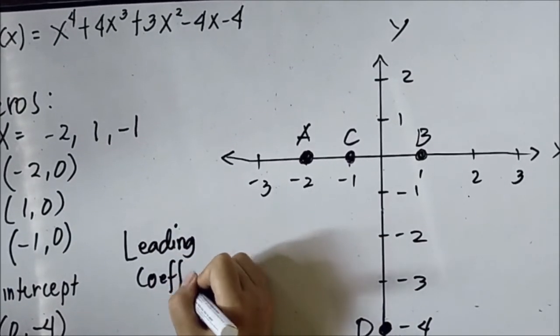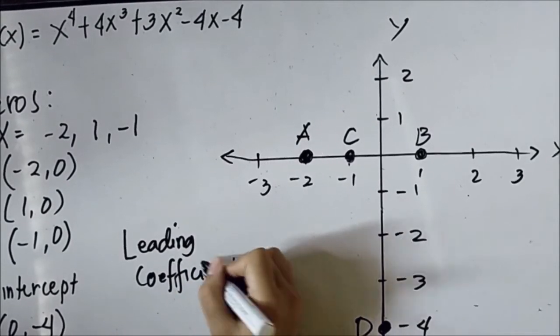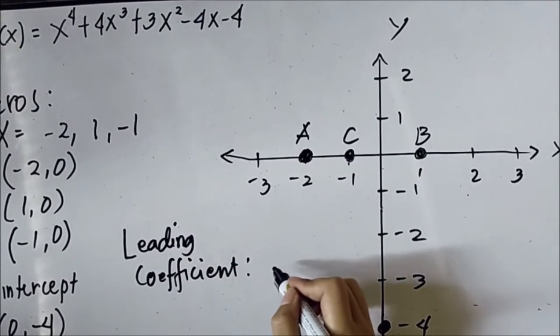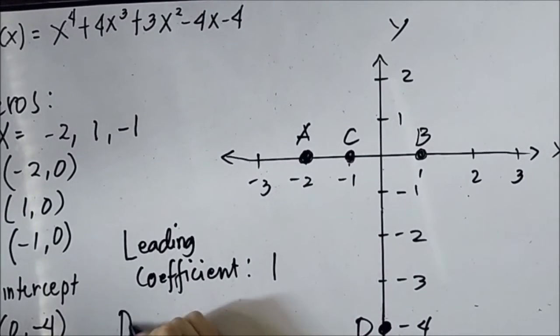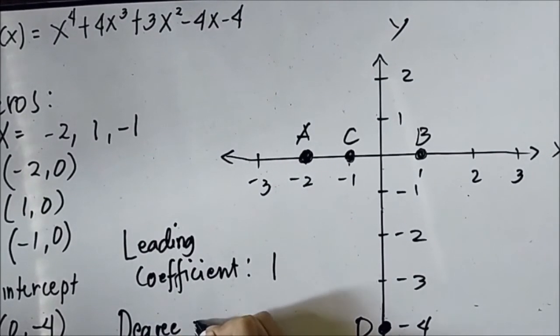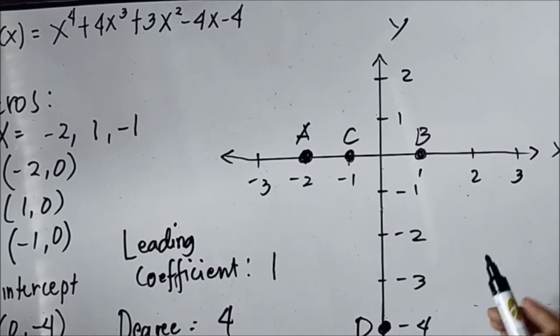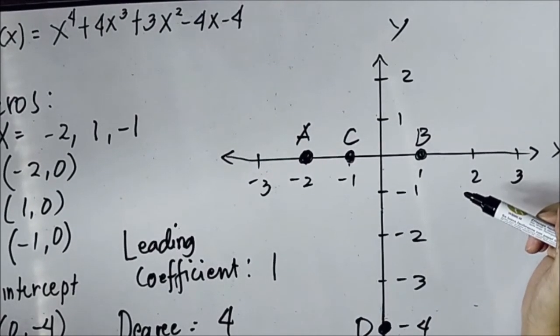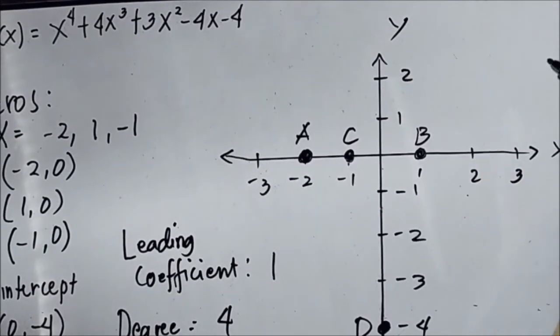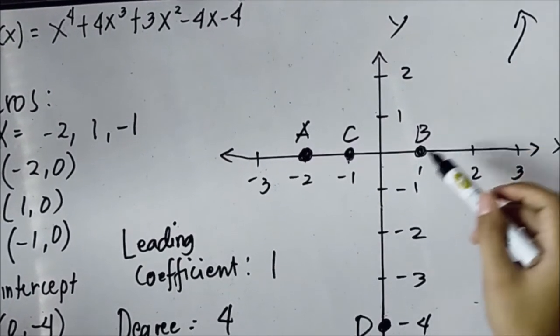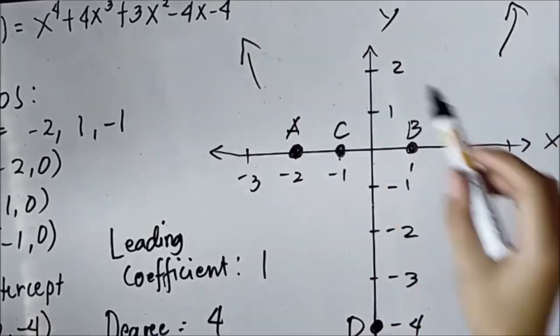Okay. So our graph has a leading coefficient which is 1, positive 1, that is positive, and the degree is 4. So this is even, meaning to say the end behavior of the graph will rise to the right here like that, and it will also rise to the left.